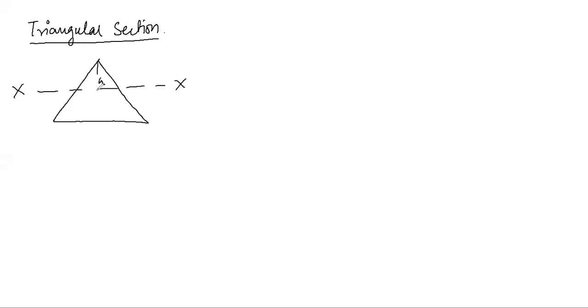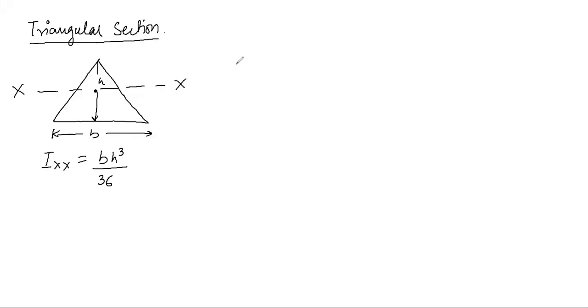This is the height of the triangular section, and this is the width. Always remember one thing when you solve about this axis, which passes through the centroid, its value is BH cube by 36.